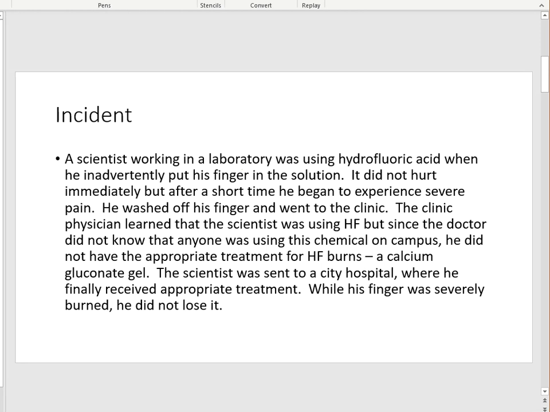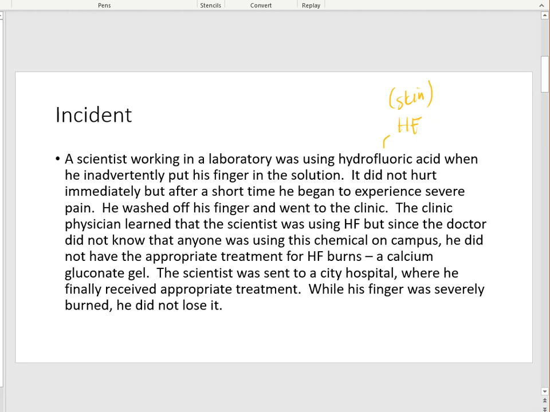And it did not hurt immediately, but after a short time he began to experience severe pain. All right, so hydrofluoric acid has an abbreviation of HF. And hydrofluoric acid loves skin. But immediately when he put his finger in, a little bit after, it didn't really hurt.